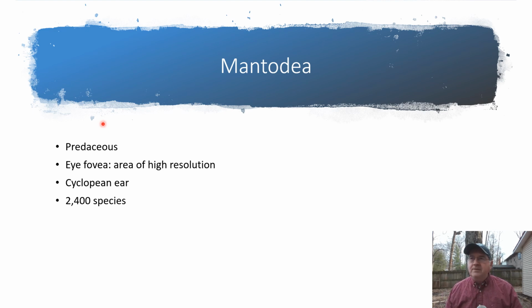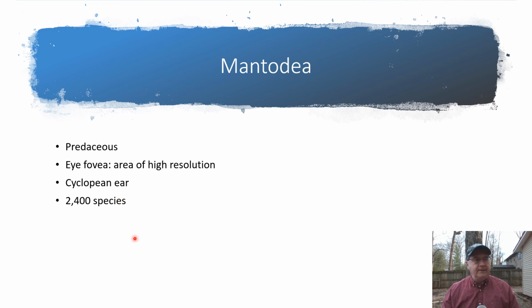They are notorious for having very good vision, and in fact they have an area of the eye that functions like our fovea, where you get a high resolution image, and presumably this helps them to make visual contact with a prey item and accurately attack it with their enlarged forelegs. They're also famous for something called the cyclopean ear.